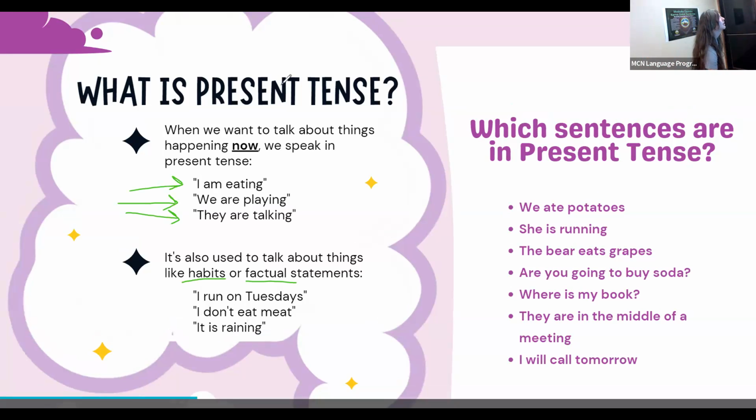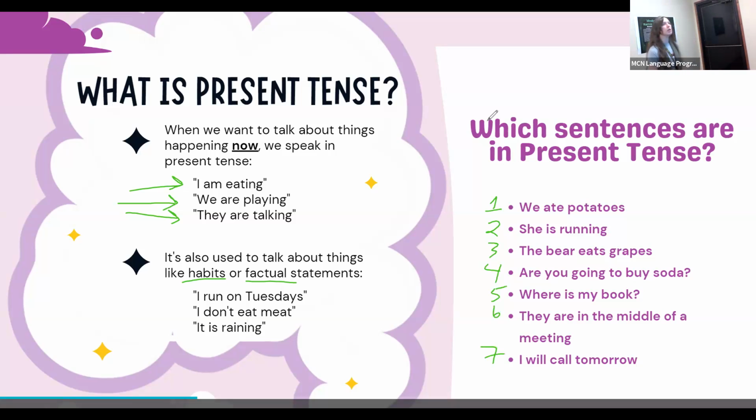Things like this are present tense. I'm going to put up a chat real quick. Yay, good. Yes, you have to be a quick thinker, I know. It's kind of stressful. Okay, so what I want you guys to do in the chat, tell me which of 1, 2, 3, 4, 5, 6, and 7 are in present tense. I'll give you about 2 minutes.